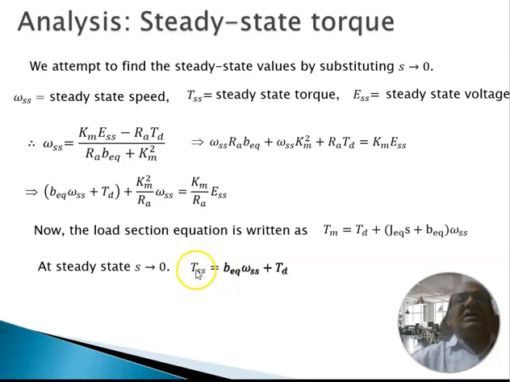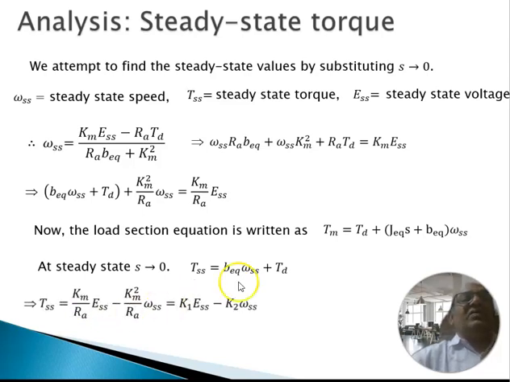So this is steady state torque plus whatever is this. Notice carefully that this term and this term are identical. Because they are identical, in this place we can substitute TSS. So this seems to be the equation relating steady state torque to the steady state speed.